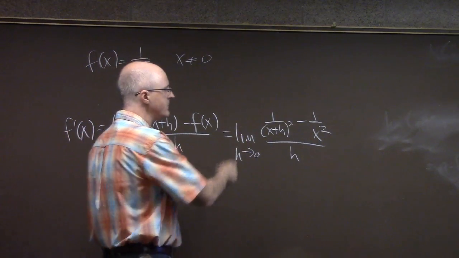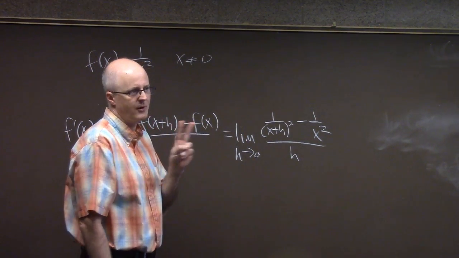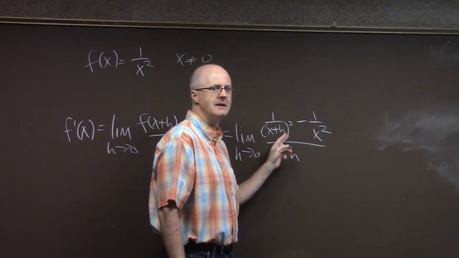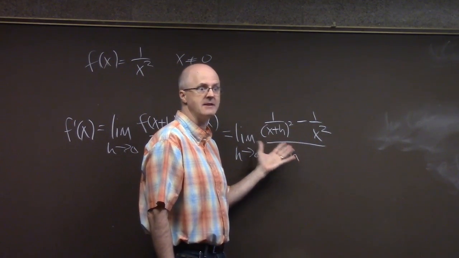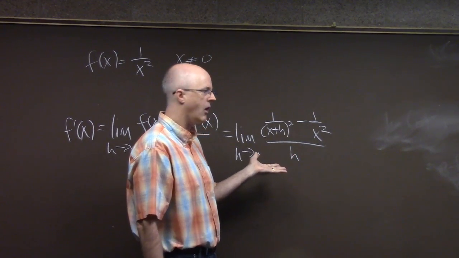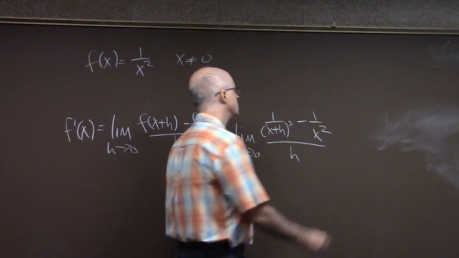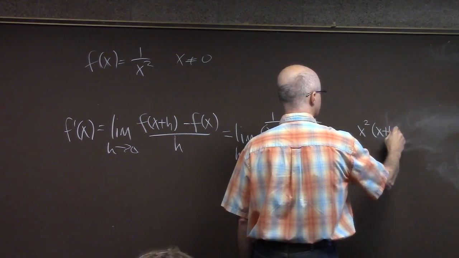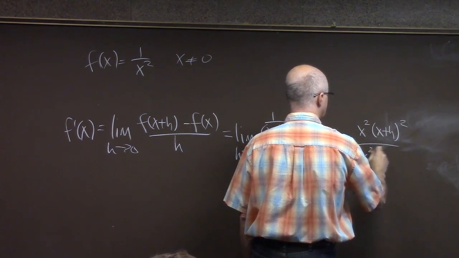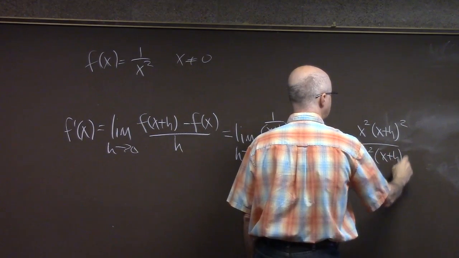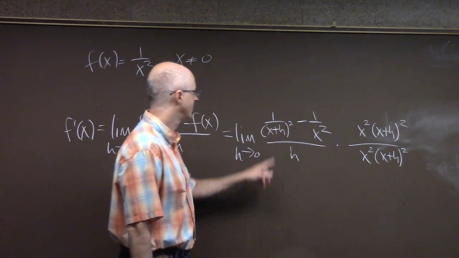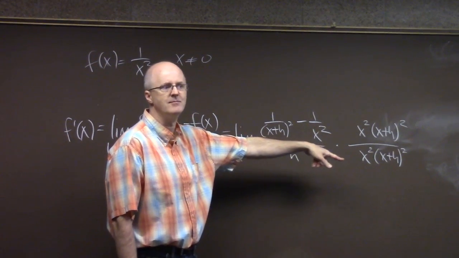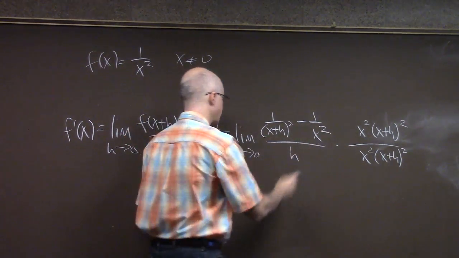And to simplify this, you can do 2 things which are really equivalent to each other. You could get a common denominator up top and subtract the fractions and then divide by h. Or, it's maybe a little quicker, to multiply the top and the bottom by x squared times (x plus h) squared, so that you get rid of the denominators there. I'm showing the step, but really you could do it without actually showing that part.